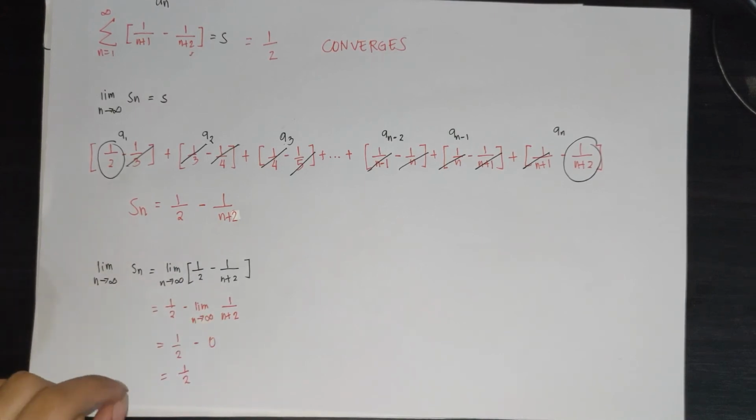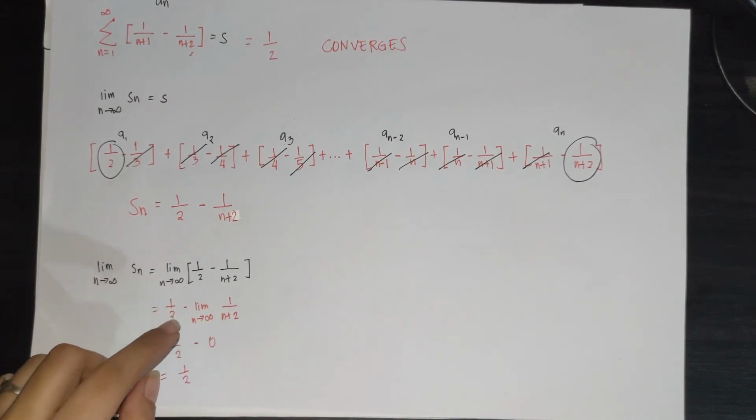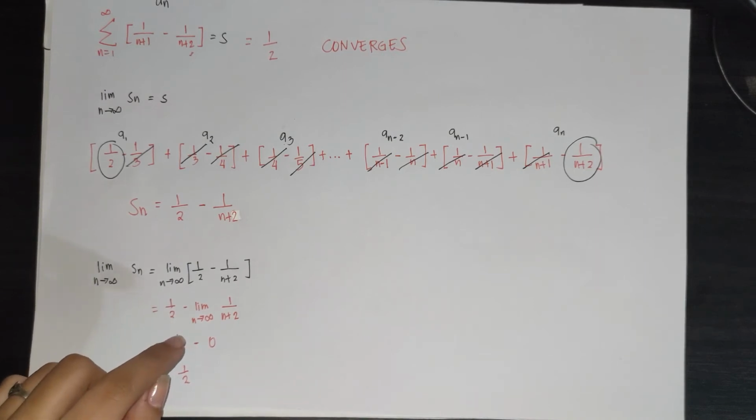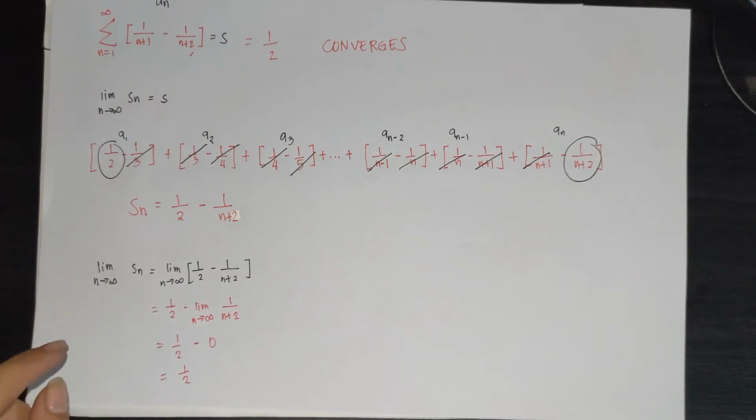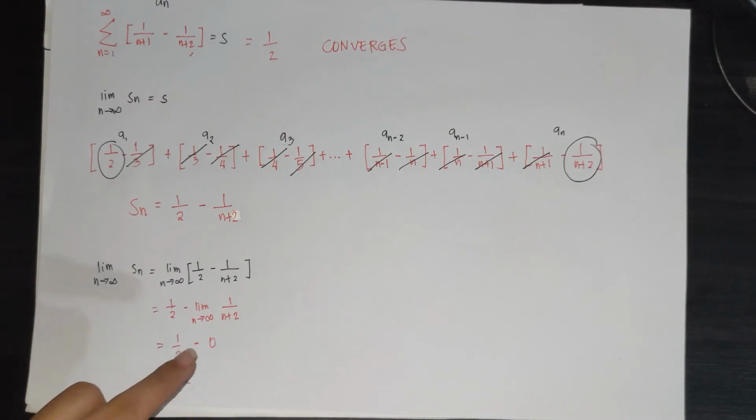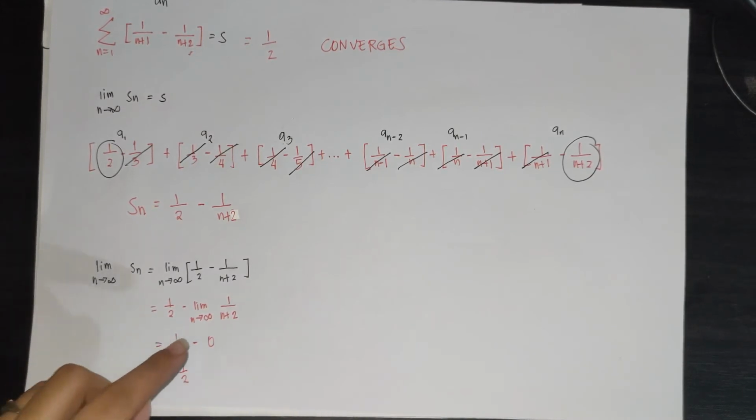So this is equal to 1/2 minus the limit as n approaches infinity of 1 over n plus 2. Now, for 1 over n, as n approaches infinity, that's going to go to 0.